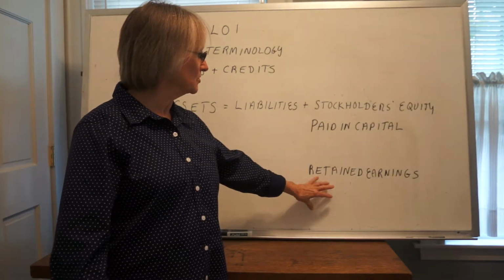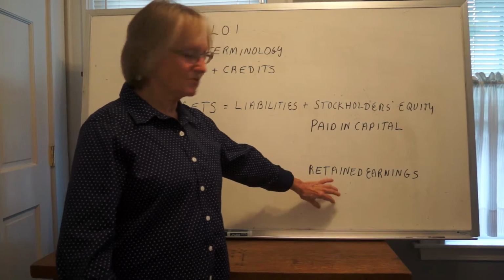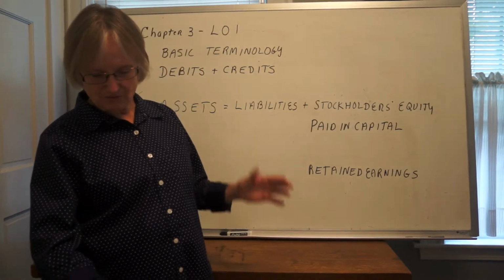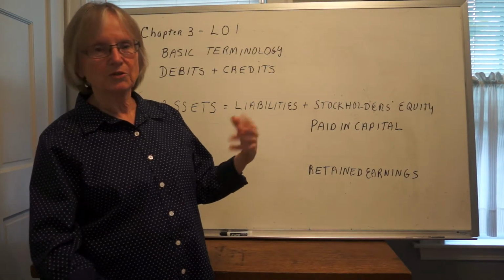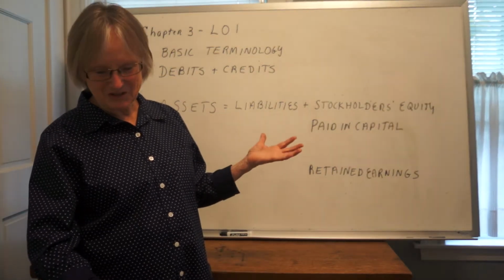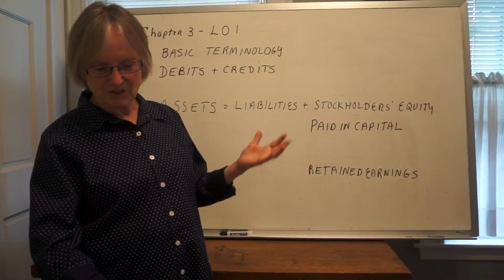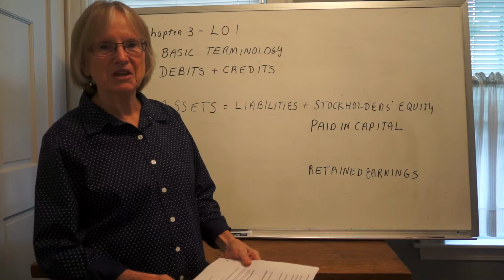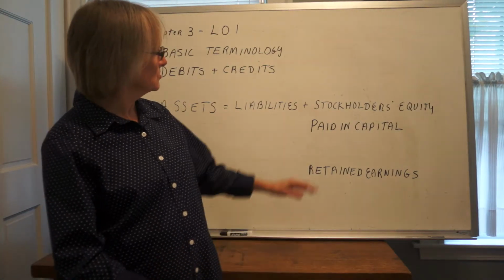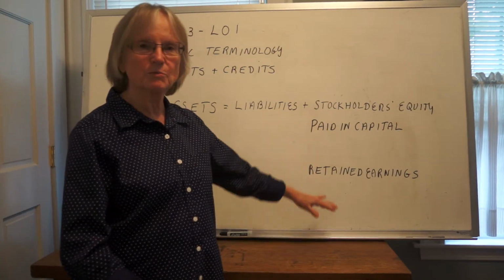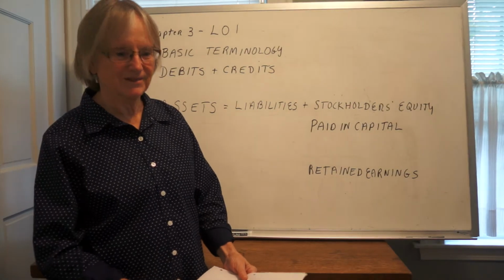So retained earnings is basically the total of all your revenues and gains, expenses and losses, less dividends paid since the company began.